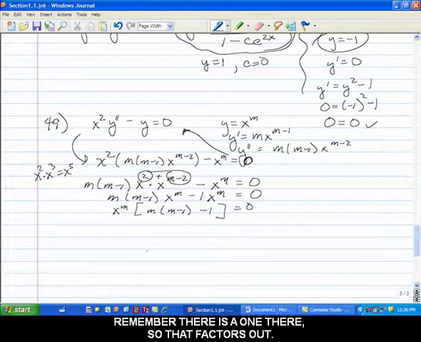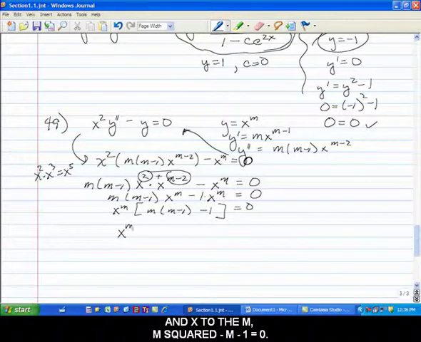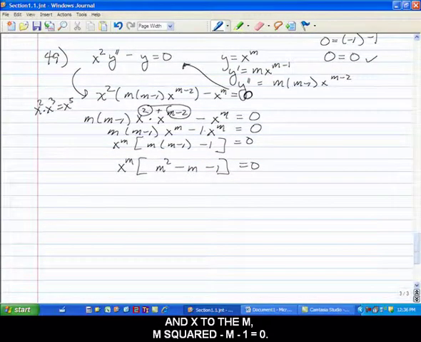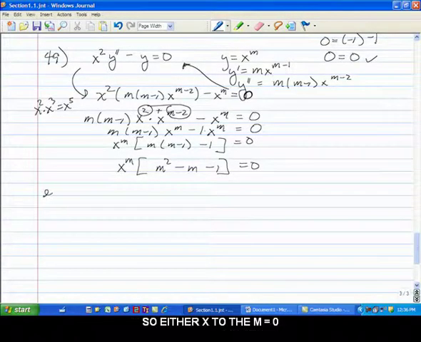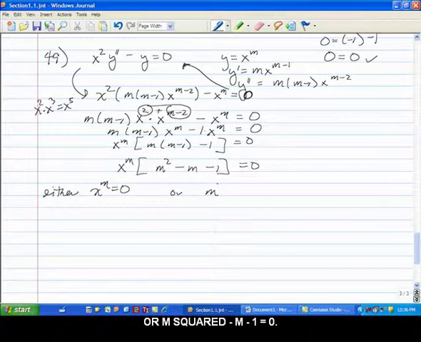Remember, there's a 1 there, so that factors out. And x to the m times m squared minus m minus 1 equals 0. I'm trying to find the m that will make this a true statement. So either x to the m is 0, or m squared minus m minus 1 is 0.